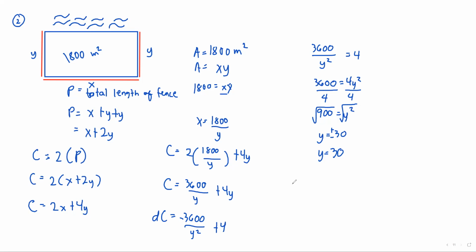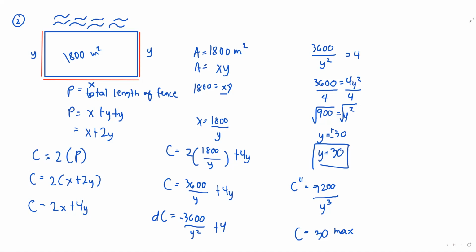So, C double prime is equals to positive 7200 over Y cubed. Ganyan na siya. Actually 30 ulit yan. Dahil wala tayong ibang value ng Y, wala tayong ibang critical numbers. So, technically, ito na yung final answer natin. Okay? So, Y is equals to 30 meters, and then X, of course.